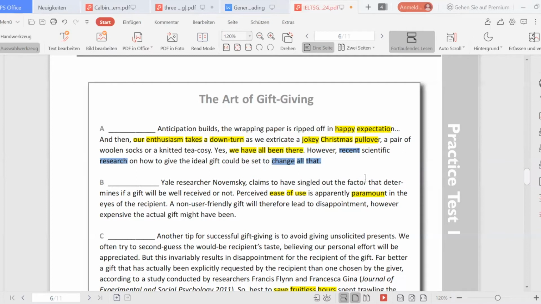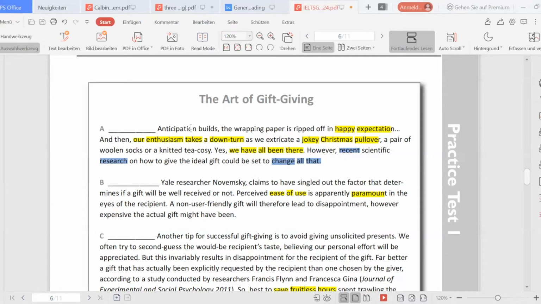So the reason I did not highlight the keywords I just mentioned, recent scientific research and change all of that, is because this idea comes only once in this whole paragraph. However, there's an idea that has been repeated in all three sentences. And what is this idea? This idea, you will see it in the heading.